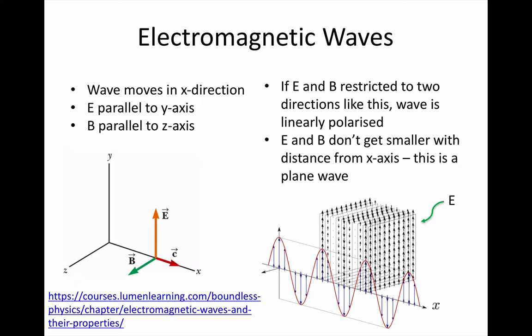If you look at the diagram at the bottom right, you can see that it's showing the electric field component, which is changing as you move along the x-axis, but it isn't changing as you move in the minus z direction away from the x-axis.